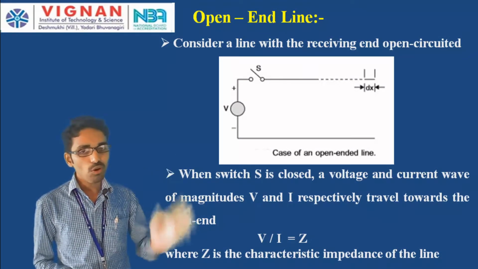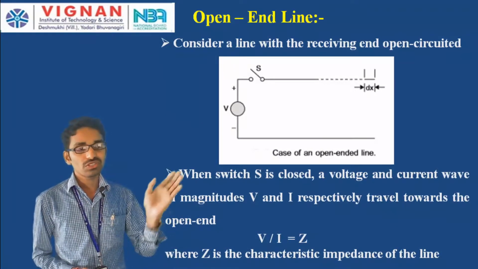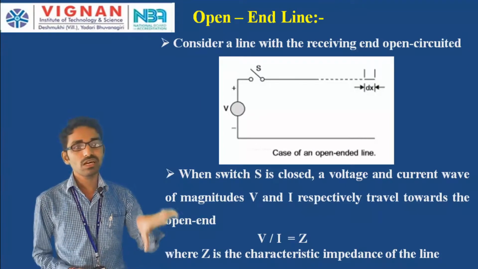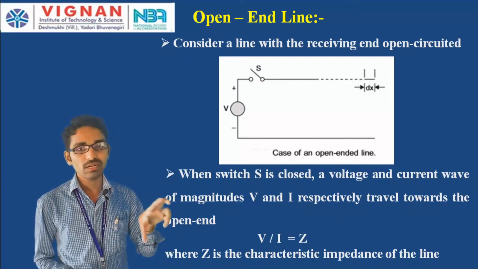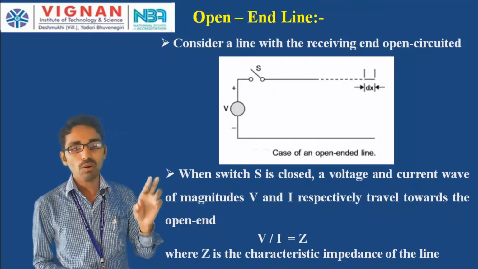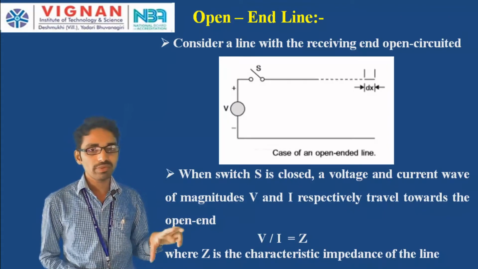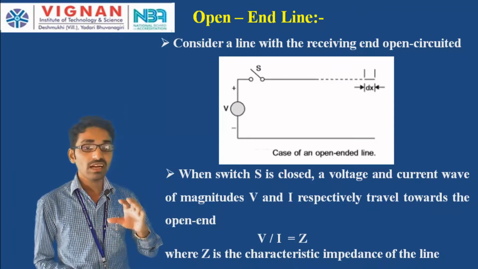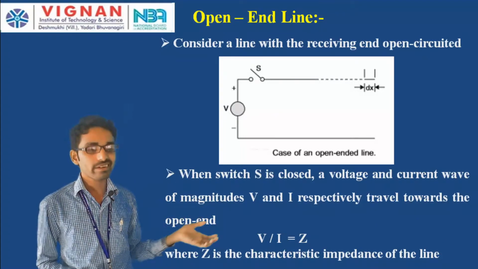That means it is open circuited, so at that place you get the change in the impedance. You have an infinite amount of impedance at the open end. That impedance is different from the characteristic impedance.